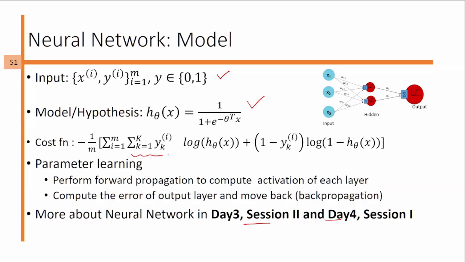This extra term, k equal to 1 to k, is for the number of layers. For parameter learning, we use forward propagation to compute the activation of each layer, and back propagation. We'll learn this in more detail in that session.